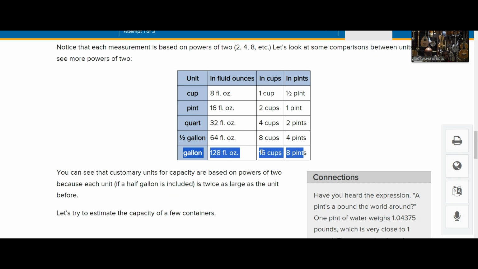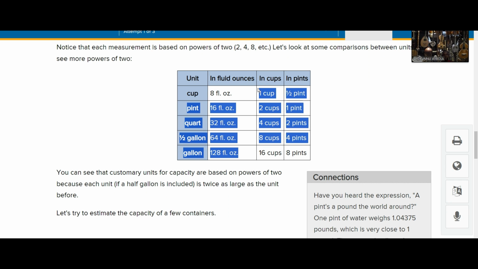Then the 16 cups multiplied by 8 is the fluid ounces, which is 1 gallon. So 1 quart is 4 cups, which is 1/4 of a gallon. Is that clear? Yes. So that means if we divide a gallon by 16, we'll get 1 cup.